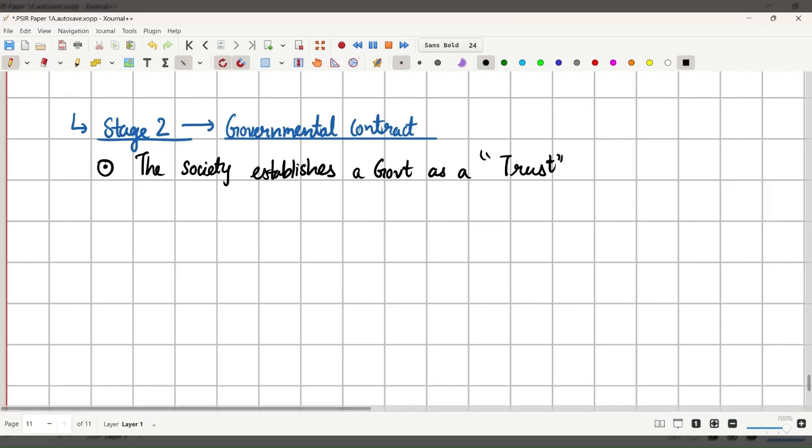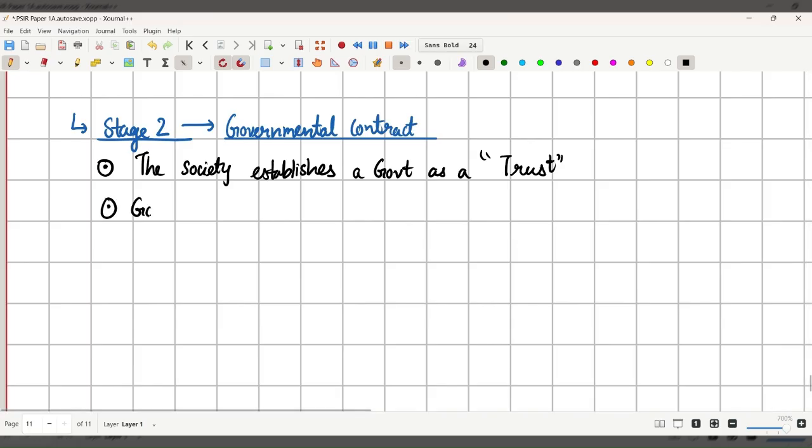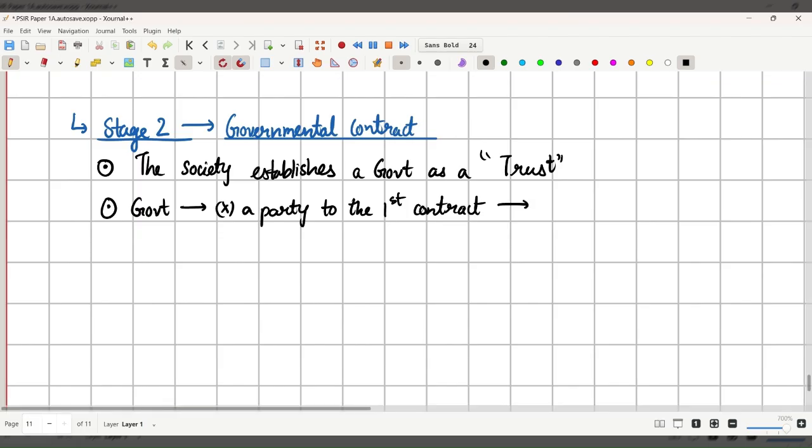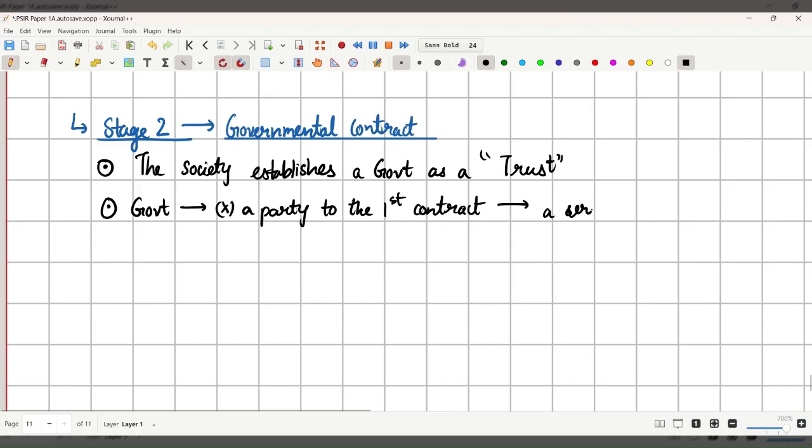The government is not a party to the first contract but a servant of the society. So government is basically a servant of the society.